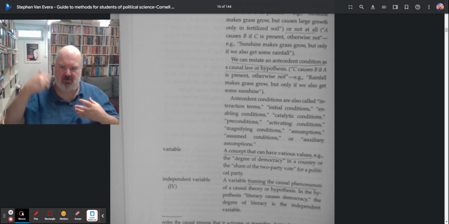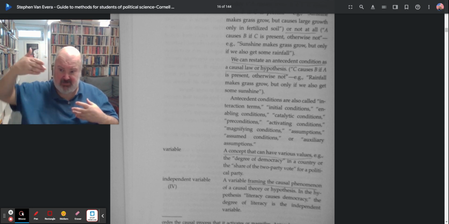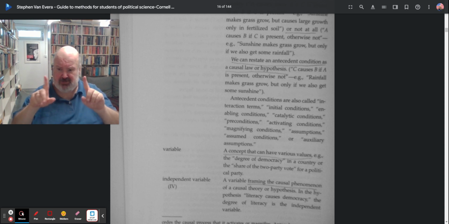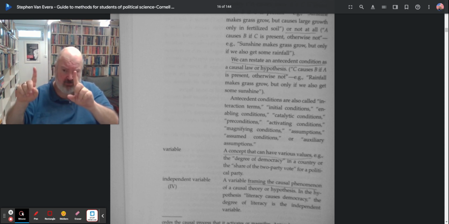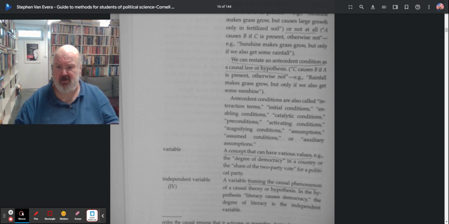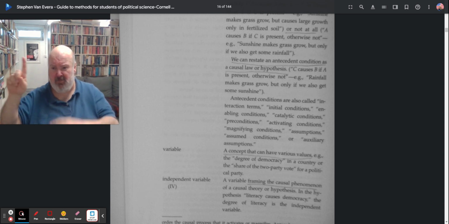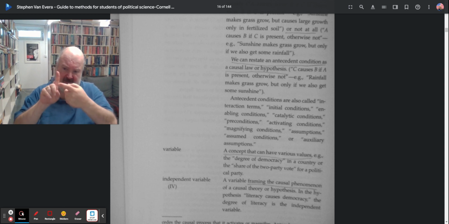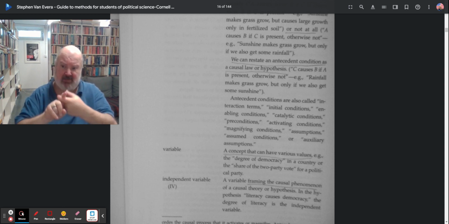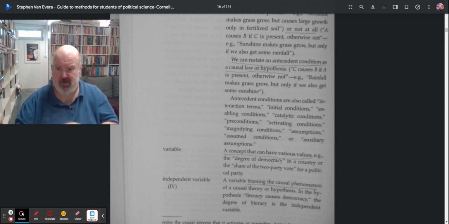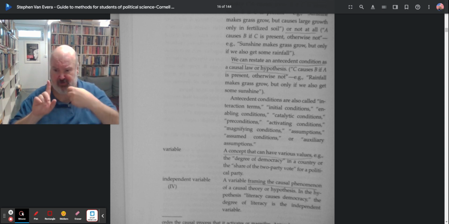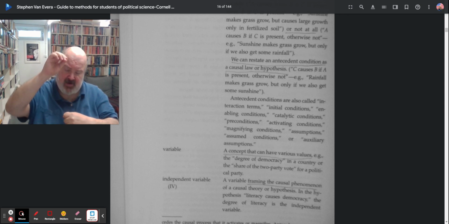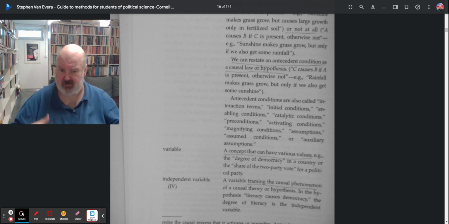Remember, a causal law is the process of A causes B, the general principle. The explanation is why and how A causes B. And an antecedent condition is something that affects the way A does what it does, either making it more or making it less. Its presence or absence intensifies it or affects it in some way.